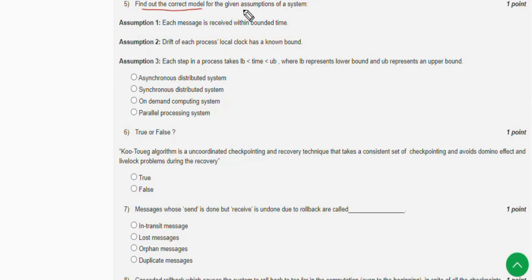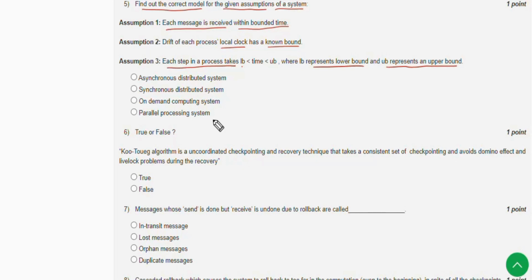Find out the correct model for the given assumptions of a system. Assumption 1. Each message is received within bounded time. Assumption 2, drift of each process local clock has a known bound. Assumption 3, each step in a process takes time less than ub and more than lb, where lb represents lower bound and ub represents an upper bound.